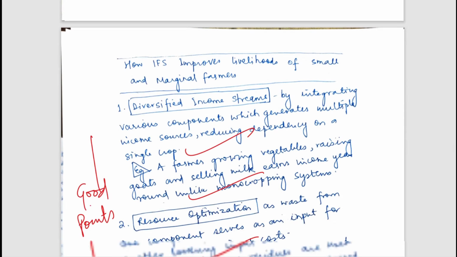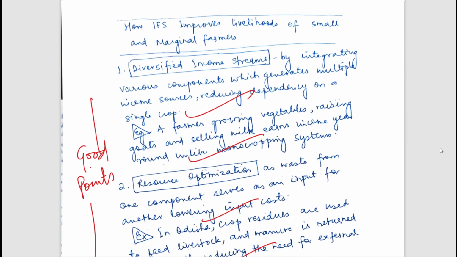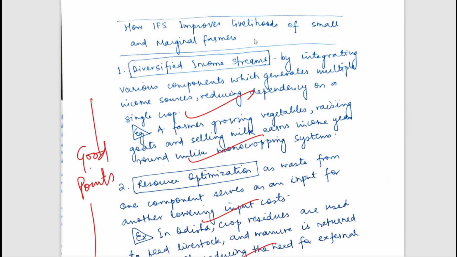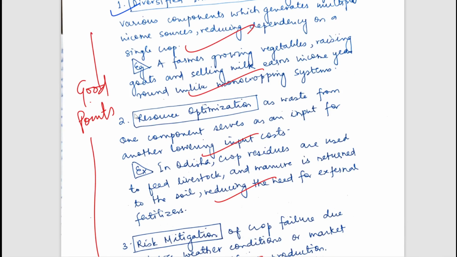And now the next part of the question is, how integrated farming system can improve the livelihoods of small and marginal farmers. First of all, it will give them diversified income streams. Obviously, they will get income from crops, they will get income from livestock, from trees, everything, and the amount of risk will be reduced. There will be resource optimization, because the waste of one can be the input of another.